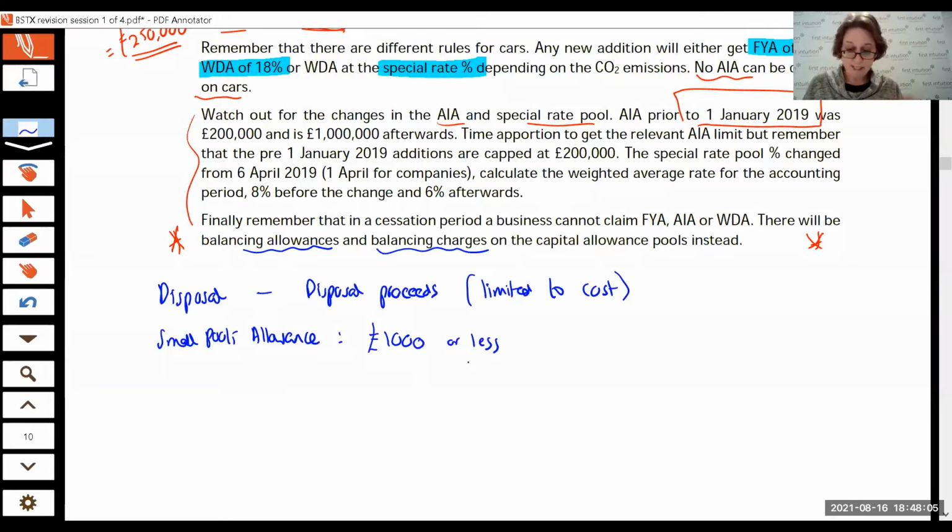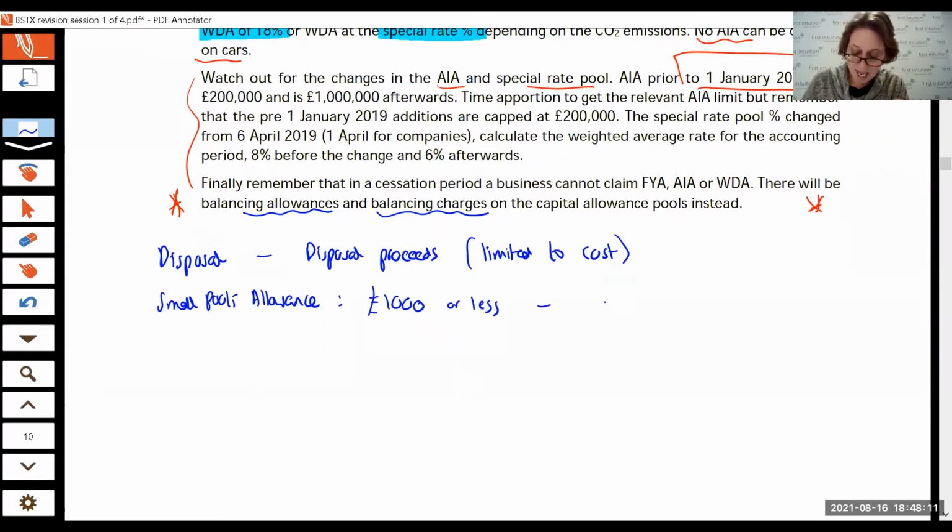Yes, we claim it all. So if the balance on the general pool becomes 1,000 or less, we can actually claim the full amount in the year. So we do a one-off claim, and it then just puts our pool value down to 0.